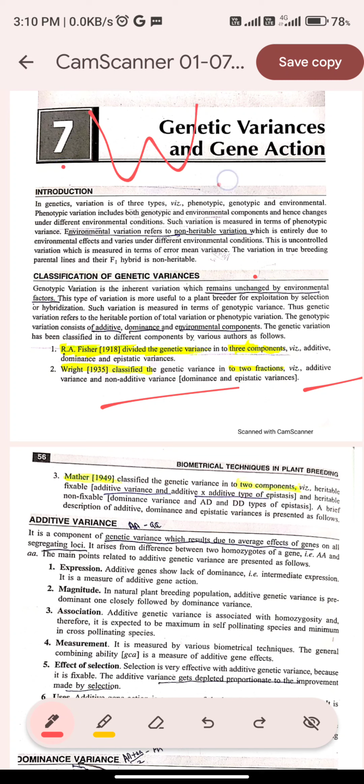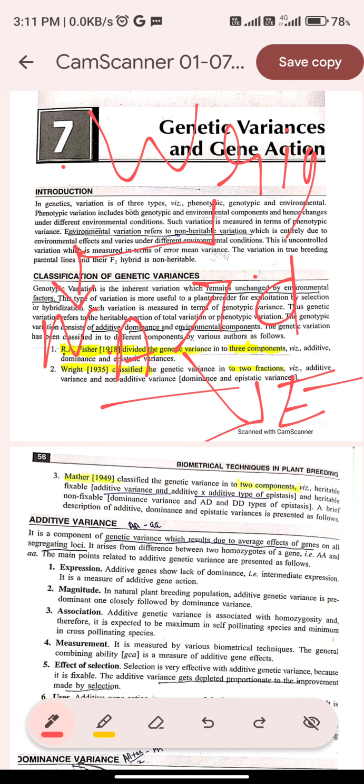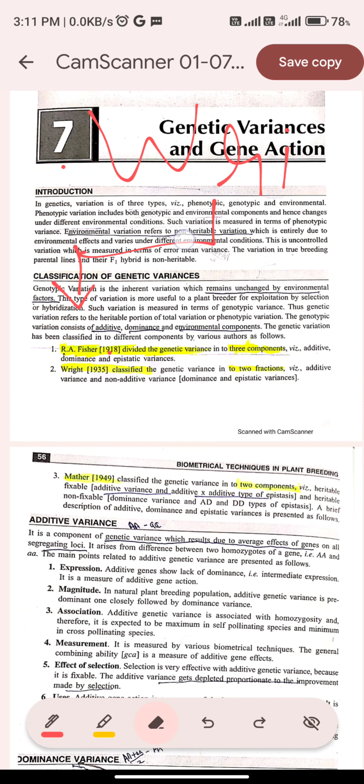According to Wright, non-additive variance is further classified into dominance and epistasis. So these are the three types of variance classification.